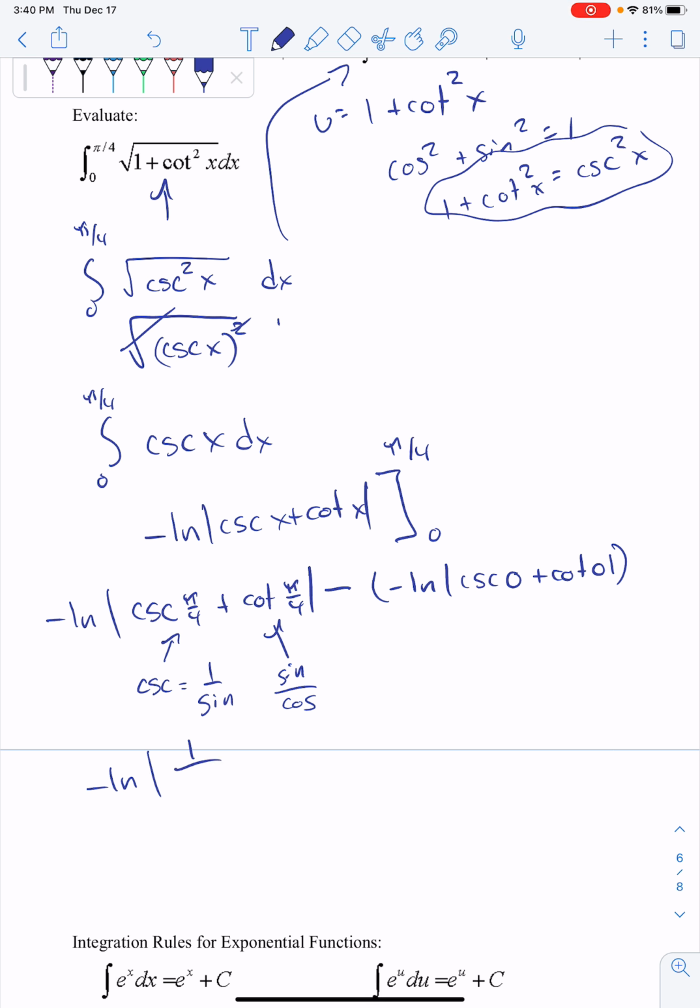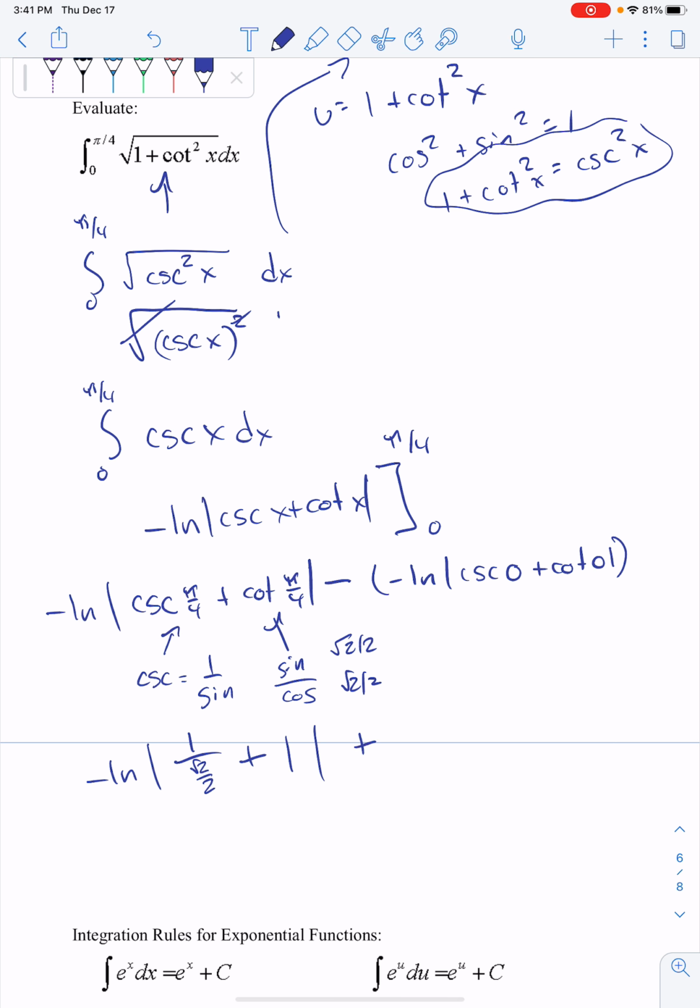So 1's going to go on top. And if I look at my unit circle, sine of pi fourths is root 2 over 2. Plus the cotangent of pi fourths. Well, that's easy. The sine at pi fourths is root 2 over 2, and so is the cosine, root 2 over 2. So the cotangent at pi fourths is just 1.